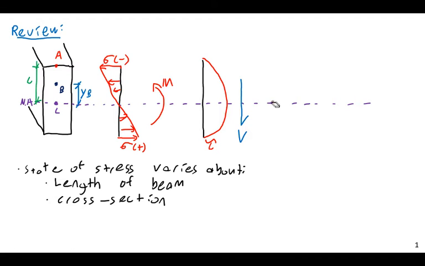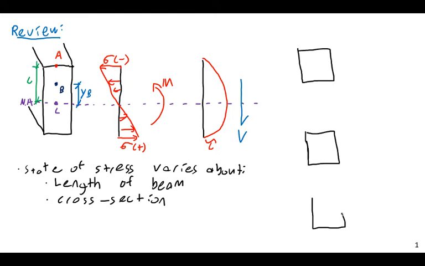So really, let me erase some of these so I have a little more room. I can draw different stress blocks for these different locations A, B, and C. So let me do that. Let me draw one for A. I'm going to draw 3 stress blocks, one for A, one for B, and one for C. My perfectly square stress blocks.